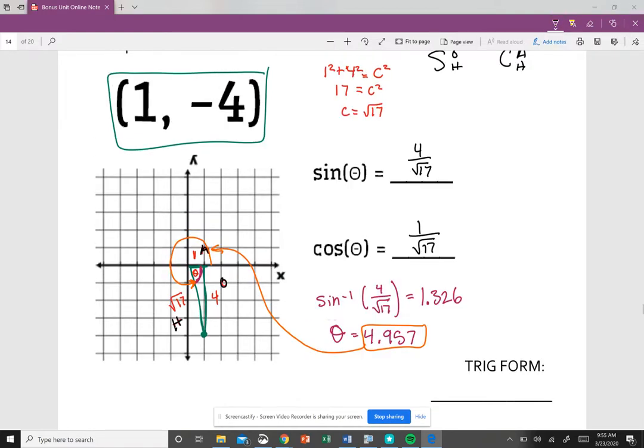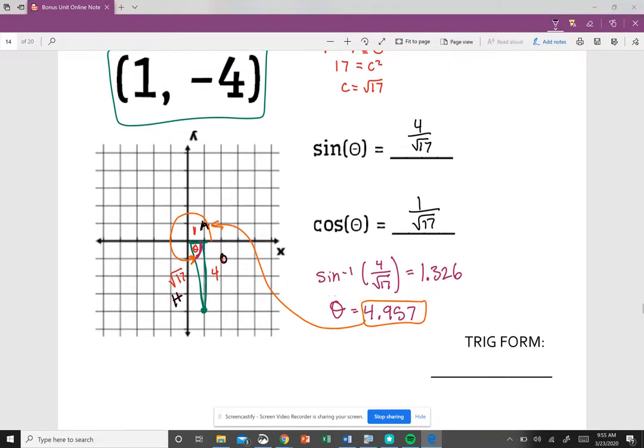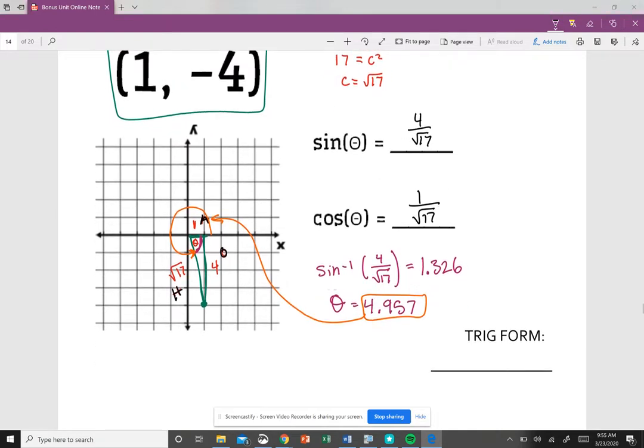All right. So now trig form of a point on the coordinate plane would be this. You're going to take your length of your hypotenuse, so square root 17, and x value is just going to be square root 17 times cosine. Cosine's x, sine's y.